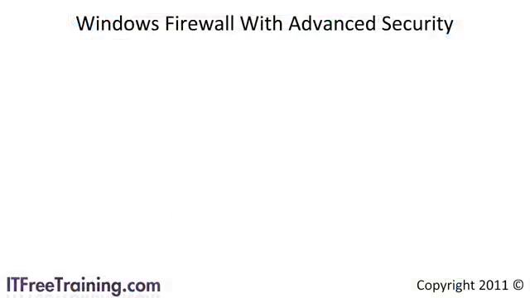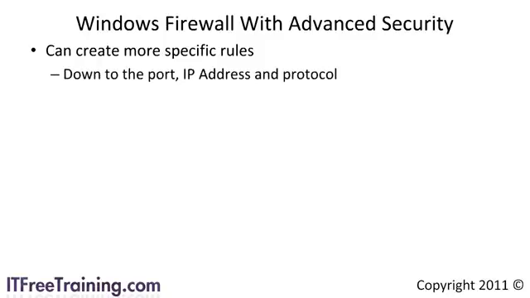Windows Firewall with Advanced Security is a significant improvement over the original firewall introduced in Service Pack 2 of Windows XP. It allows you to create very specific rules. You can configure the rules down to the port, IP address, and protocol.